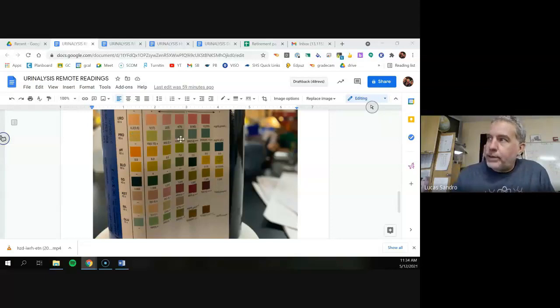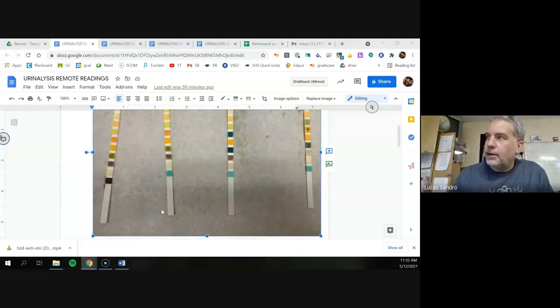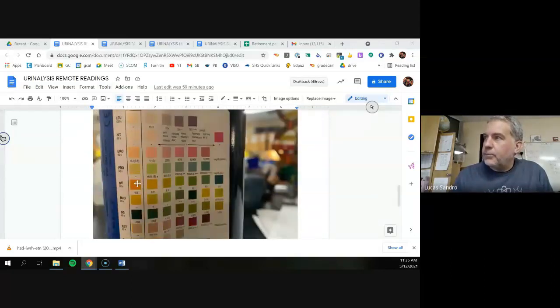So any presence of these is a positive test, and you'll mark that down as a positive test. You don't have to worry about the numbers. If the color matches anything but this stick, out here somewhere, that's bad. That's not what we want that patient to have. So that's a positive reading, right?